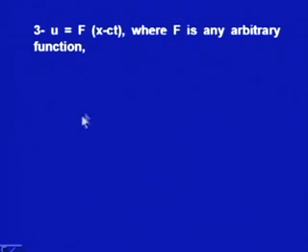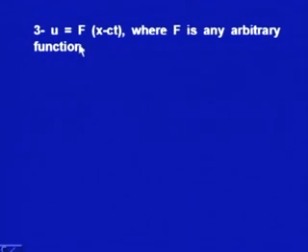Now let us treat another one. Here I am taking the function f of (x minus c t), where f is any arbitrary function. I am not giving any form of f. In the previous two examples I gave f as sine, and then as a particular function. Now f is a general function.